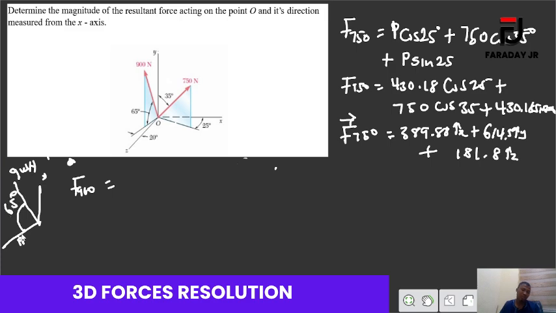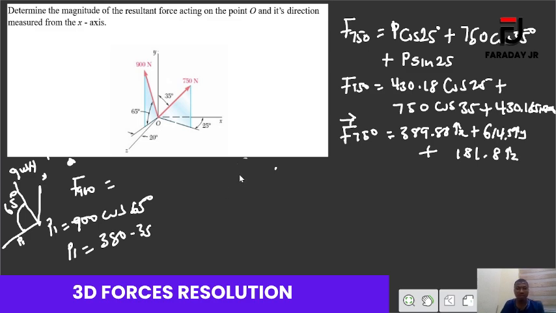So if you want to resolve it into that plane, that will just give us 900 cos 65. So I can say my P1 is equal to 900 cos 65 degrees. So P1 will give us a total resulting value of 380 point 35. Okay, so let's keep this one in mind.